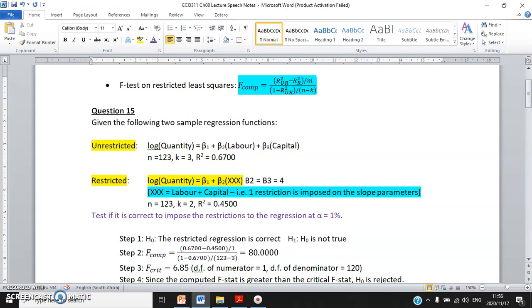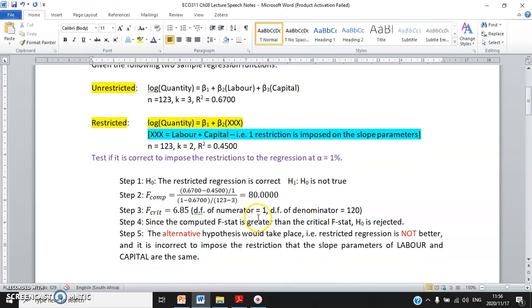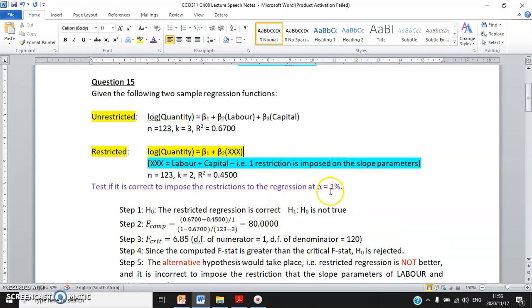And then similarly, if capital increases by 1 unit, it would have exactly the same impact on output. That log quantity would increase by 4 units. So I want to know from a statistical point of view, by running the f-test, restricted least square, does it really make sense to impose this restriction? So keep in mind alpha is 1%.